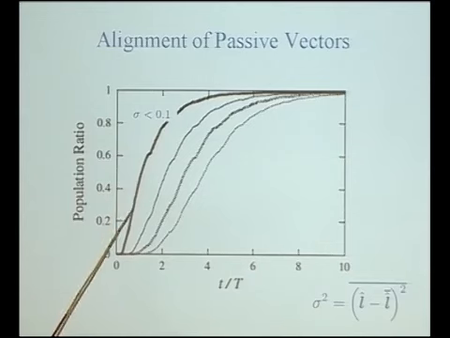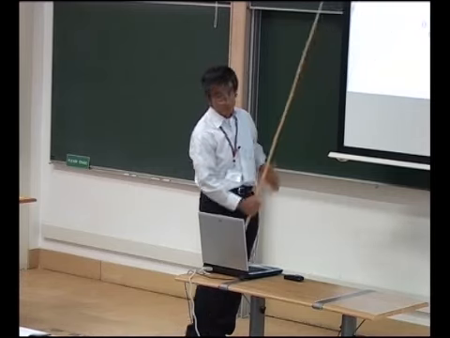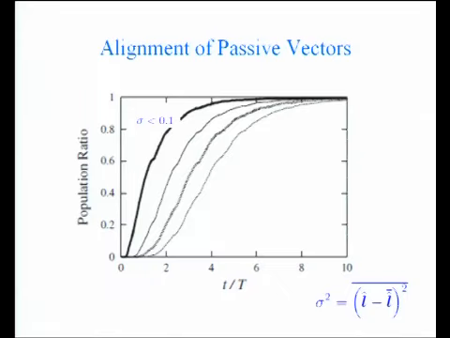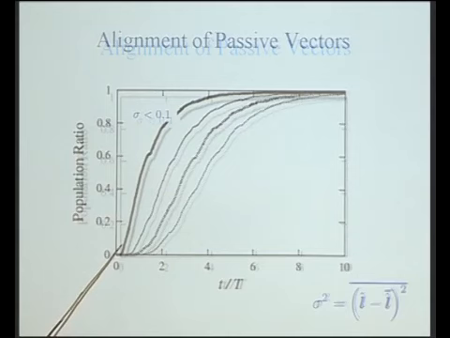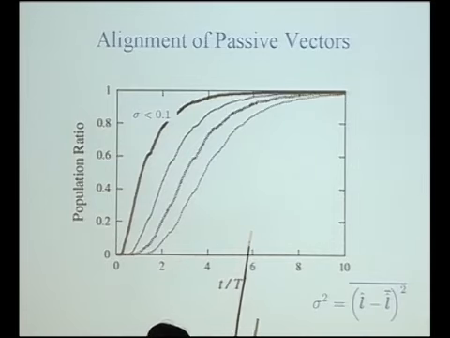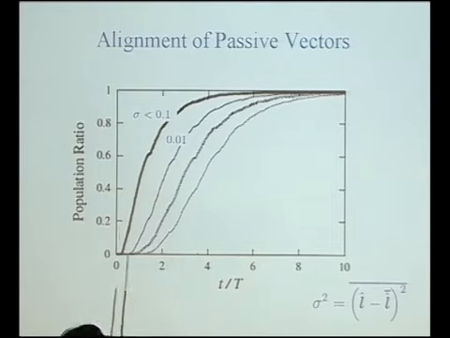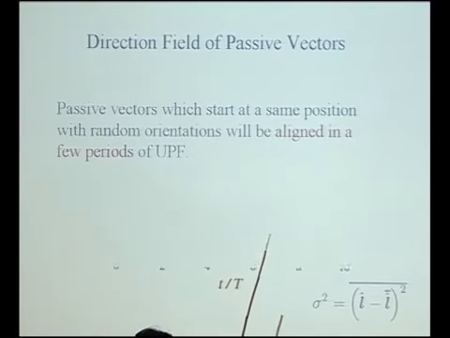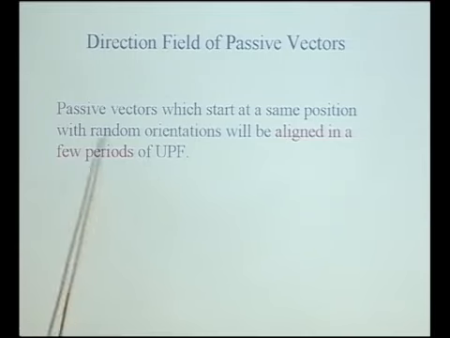This is the evolution of the population ratio. This line shows the relative population of sets which have a standard deviation of less than 0.1. Of course, initially it's 0, but it increases very quickly, and after 3 time periods, more than 90% of the sets have a standard deviation smaller than 0.1.